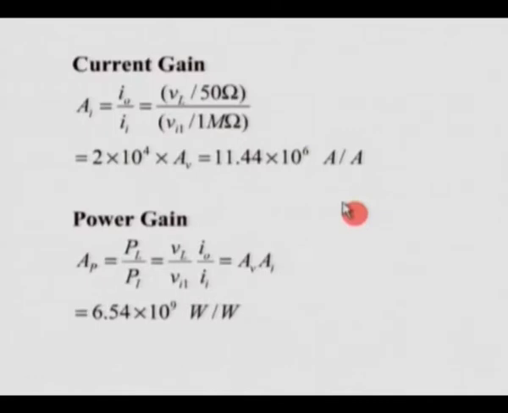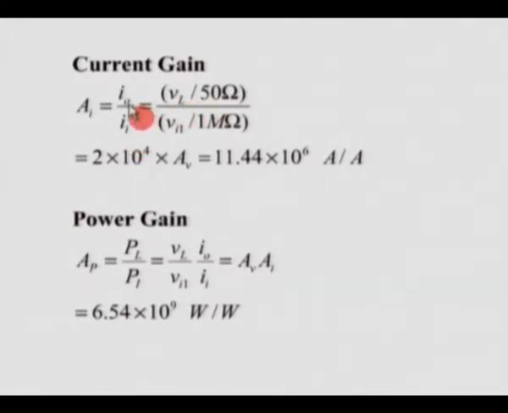Let us also compute the current gain and also the power gain. Now, the current gain can be defined as the current I naught, which is the current flowing into the load, divided by current II, which is the current flowing into the first stage.